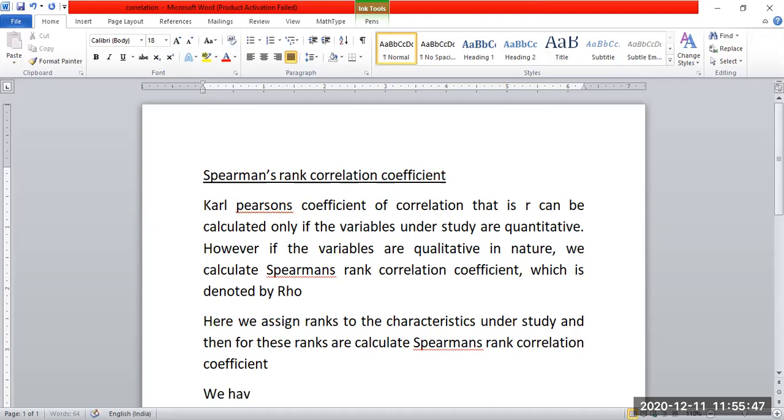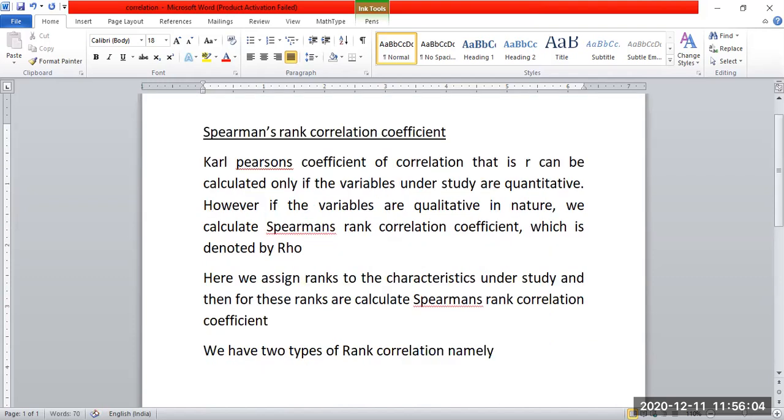We have two types of rank correlation, namely, number one, rank without ties, and the second one, rank with ties.